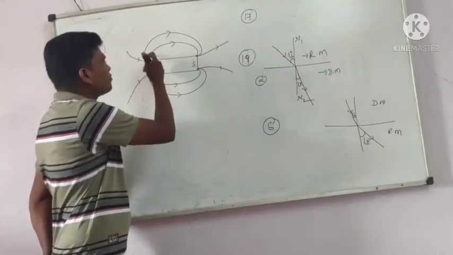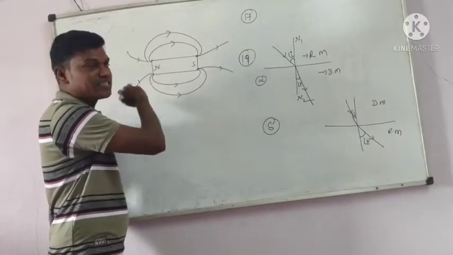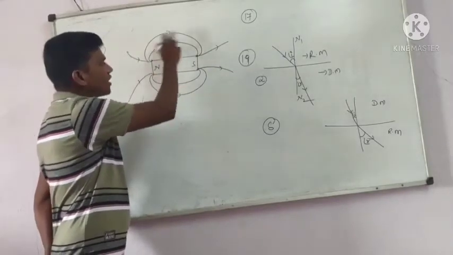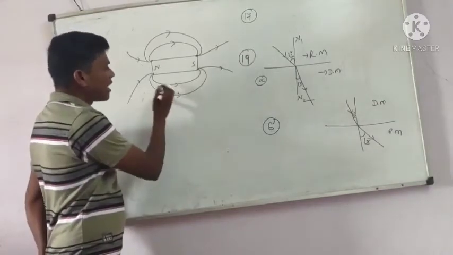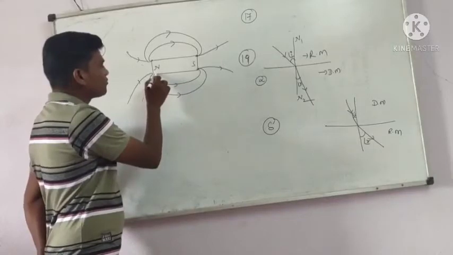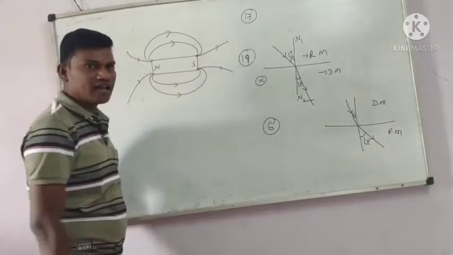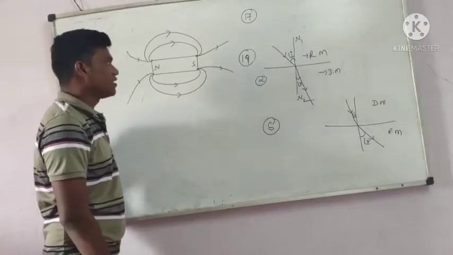Now we mark dotted lines with the help of the magnetic compass by changing its position. So the graph is just like this. We understand that the magnetic field lines start from north and end at south outside of a bar magnet. That is the meaning of that.